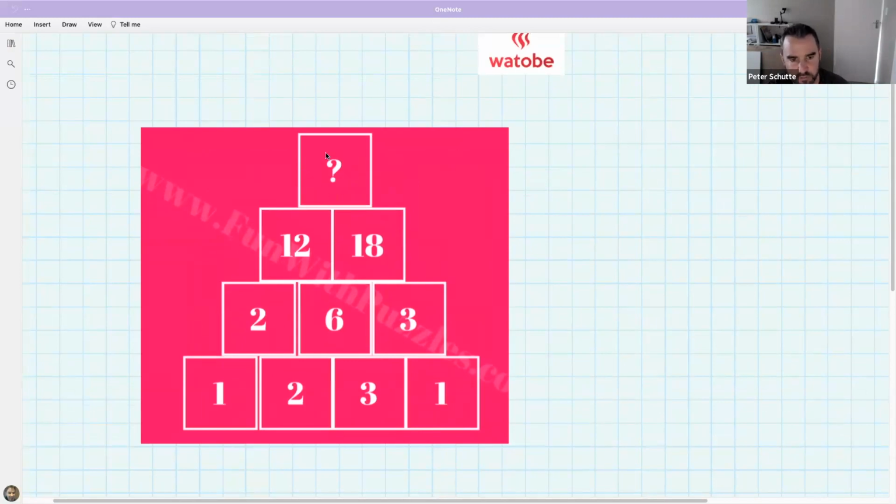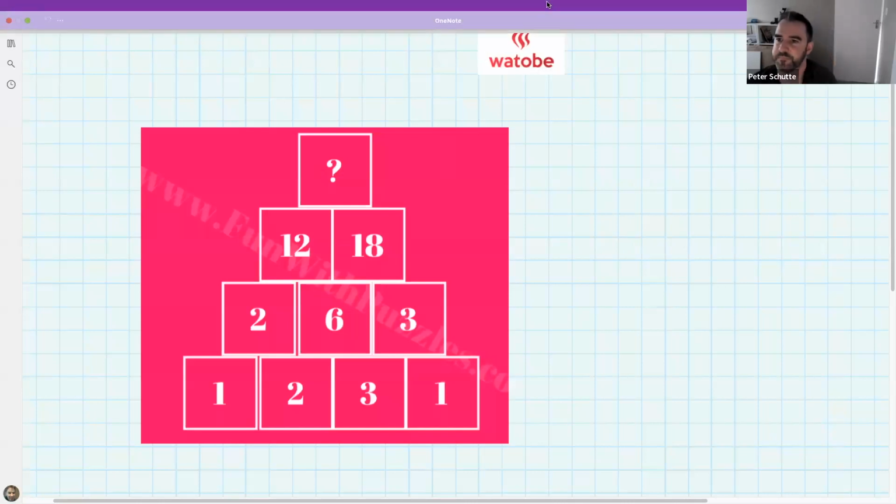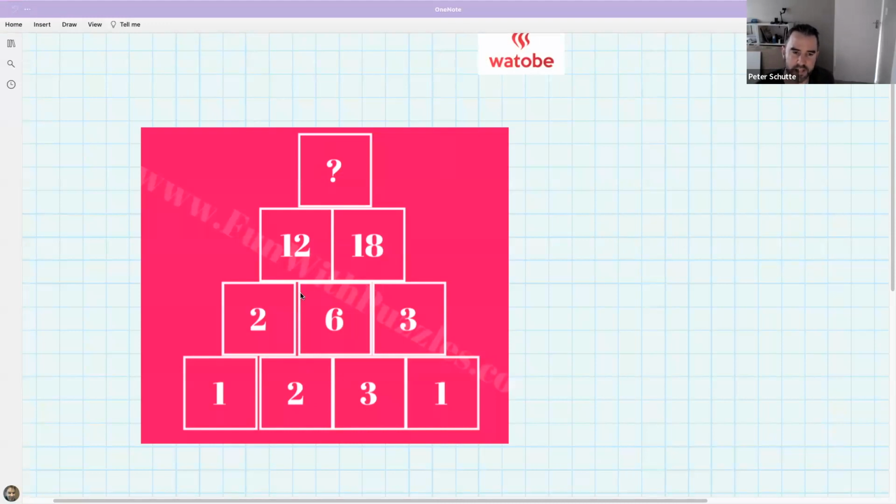You have to figure out what is the number sitting in the top of the pyramid. Ooh, sure. My heart rate is up. So what pattern can we see here?